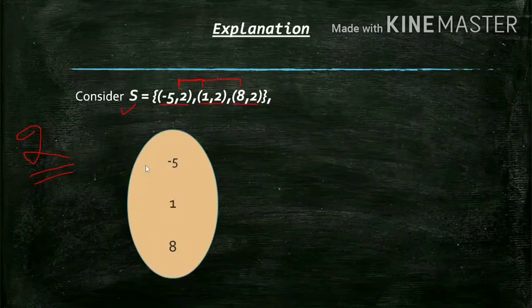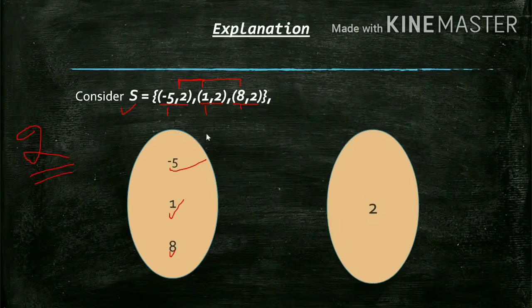Consider an egg or a bowl. Now I place the first components of these pairs in this egg: -5, 1 and 8, right? Consider another egg which contains the second components. Here all the second components are the same in each one, 2, 2, 2. That means I want just 2.